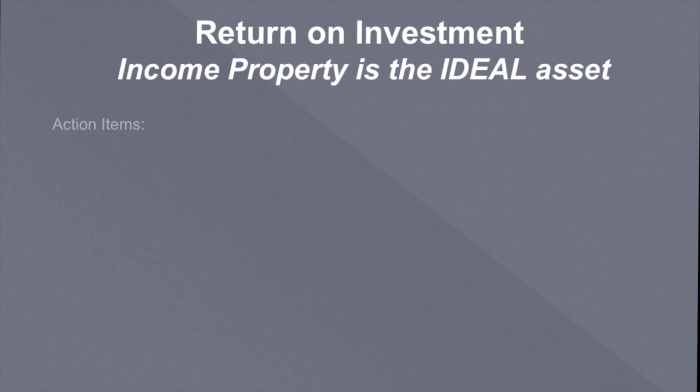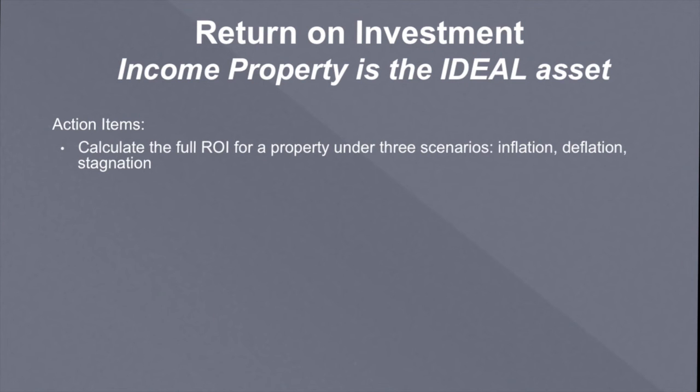Okay, so action items. We talked about IDEAL. Remember that acronym? Remember that income property is a multi-dimensional asset class. Write that down. Jason says it's multi-dimensional. So what are your action items? Well, calculate the full ROI on a property with the three basic scenarios: inflation, deflation, stagnation.